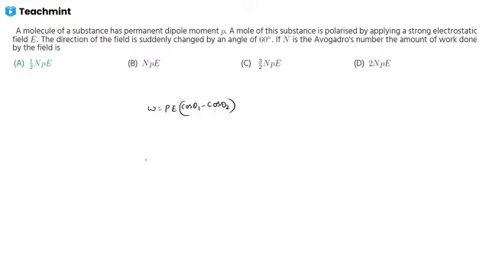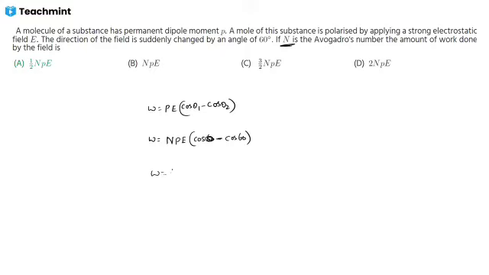As they have given N as Avogadro number, W is equal to N PE into cos 0 minus cos 60.